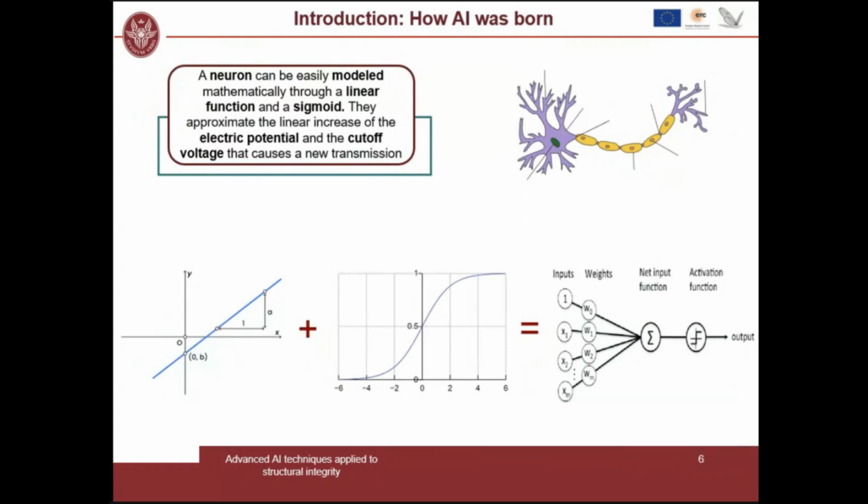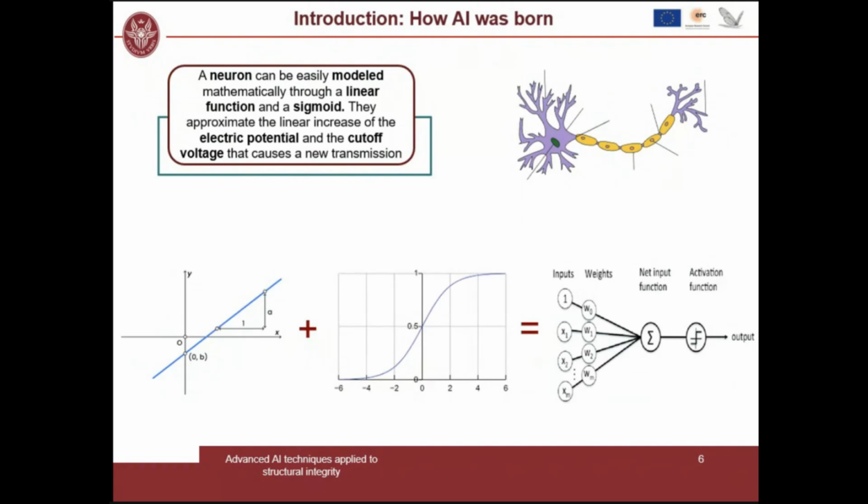If you decompose the problem into very small units, essentially the behavior of neurons in our brains can be decomposed into 2 mathematical operations. The first one is a linear operation.